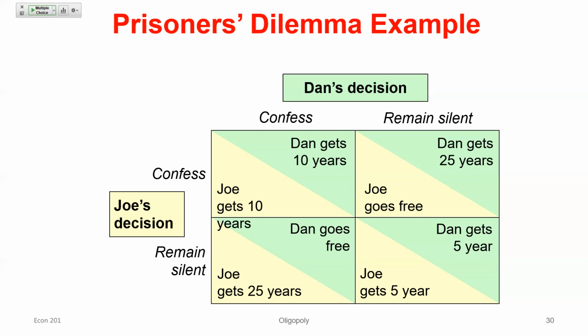So let's say that we're currently in this world where they both aren't confessing. If everything stays the same, they're both only going to get 5 years of jail time. But the cops are talking to Dan and they say, look, if you're the one that confesses, instead of both getting 5 years, Dan goes from not confessing to confessing.